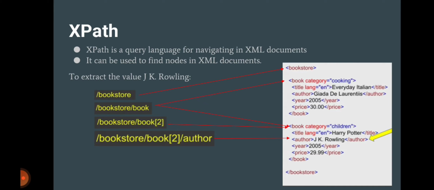So we should define which book element we want to access. So we should give the position, that is second book element. Now slash bookstore slash book square bracket 2 slash author will give the value that we want to extract, that is J.K. Rowling.